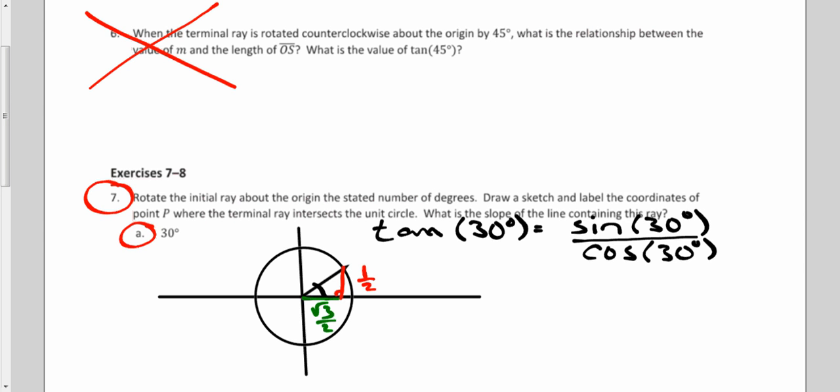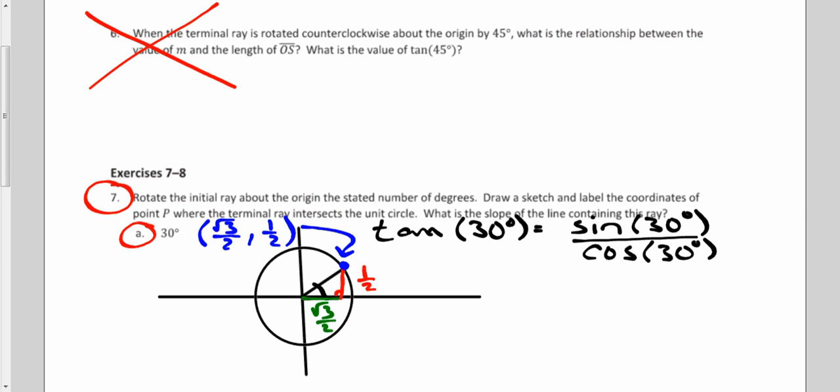Good. Now, back to unit circle speak. What are the coordinates of that point right there? Jesse. Root 3 over 2 comma 1/2. And that's that point right there.